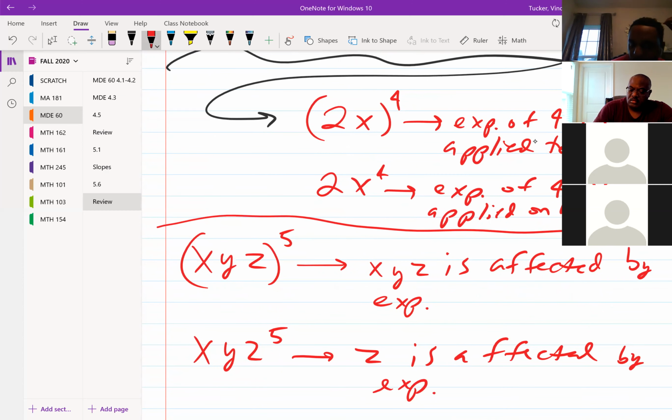So if I have (xyz) to the 5th power with parentheses, the xyz is affected by the exponent in the first one with the parentheses. In the second one without the parentheses, only the z is affected by the exponent.